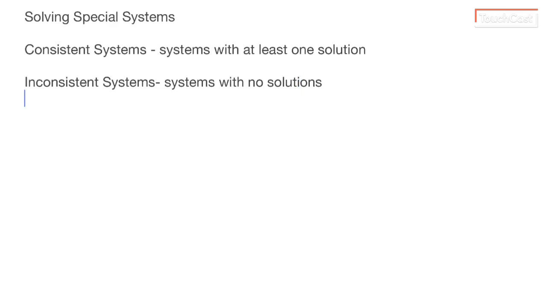So we're going to first look at an example, and we're going to decide if this system is consistent or if it's inconsistent. So here in example 1, we need to show that the following system has no solutions.